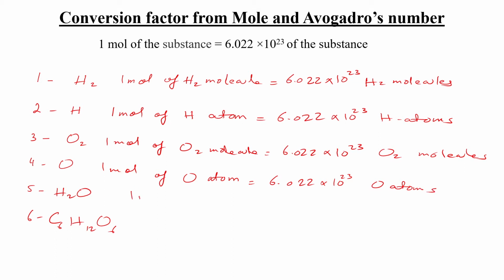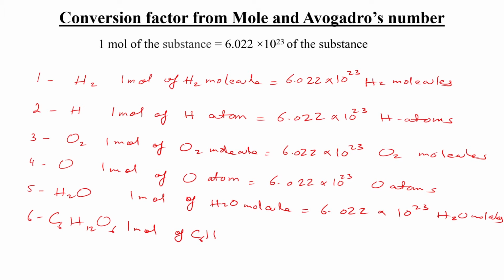And then we have 1 mole of water molecule equals 6.022 times 10 to the 23 water molecules. Here we have 1 mole of glucose molecule equals 6.022 times 10 to the 23 glucose molecules.